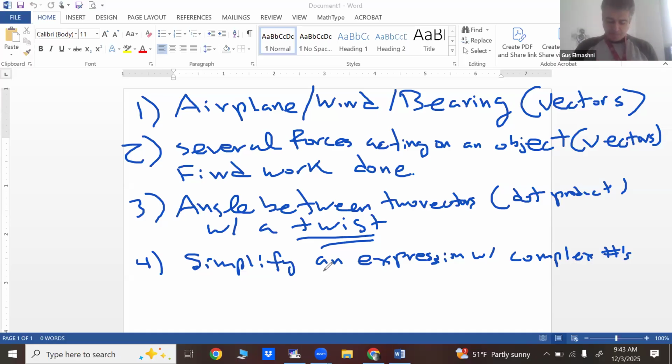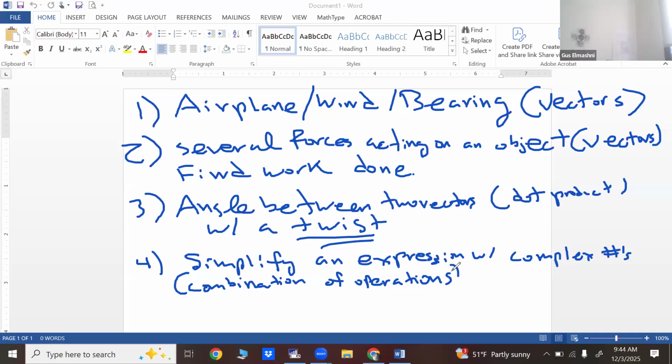And it's going to be a combination, just so you know. A combination of operations. So what I could do is I could say, I'll just write on the board because it'll be easier. I can say this. Rewrite in a plus bi form.